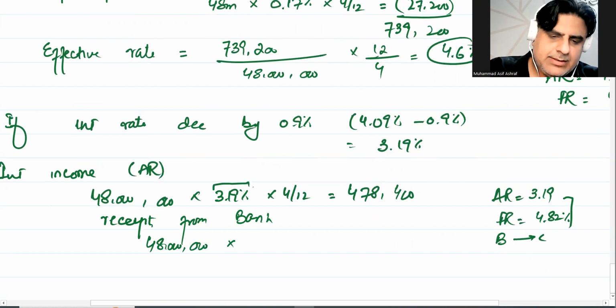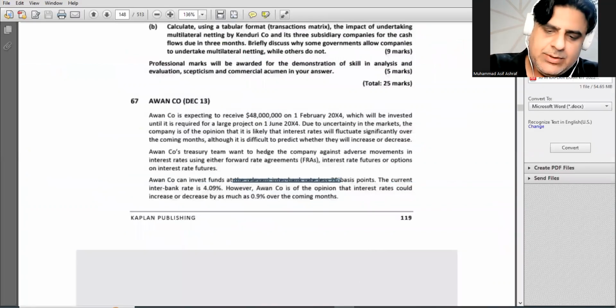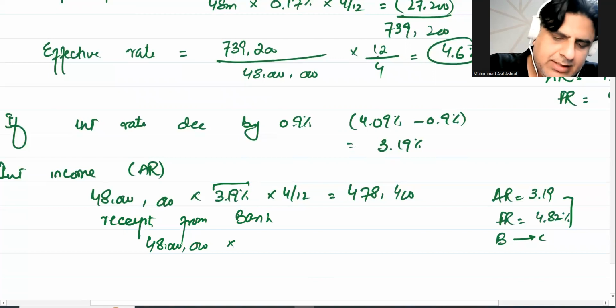This is wrong. This is not 3.19. This is the market rate, and I have not included the calculation. You see, the 20 basis points less. So it is not 3.19. This is 2.99. Okay.